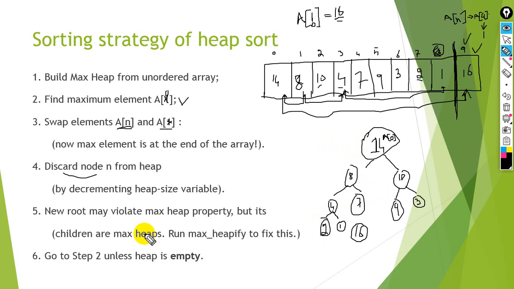Next iteration: go to step 2 unless heap is empty.